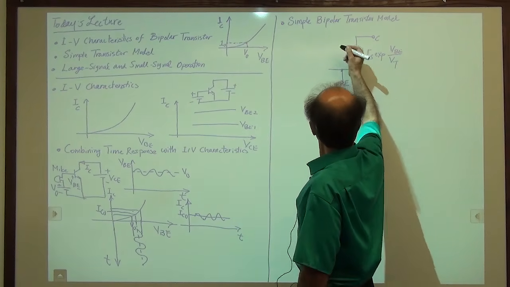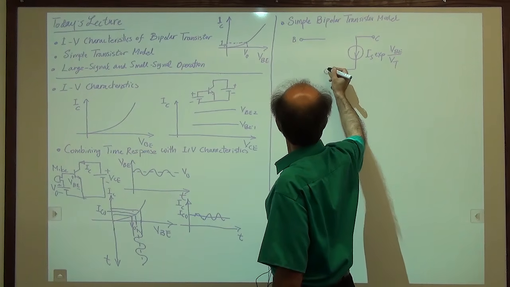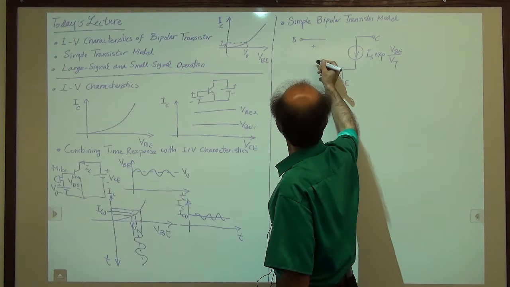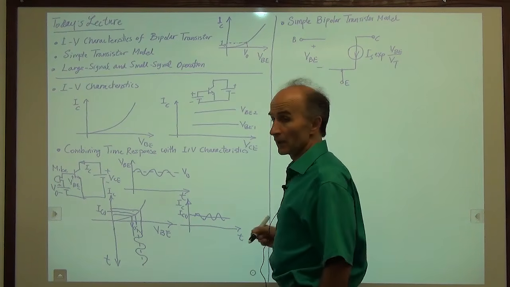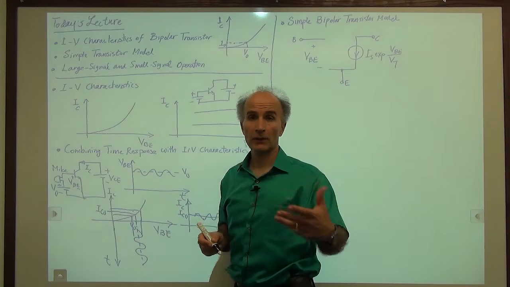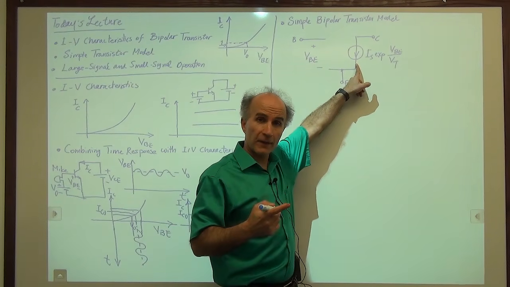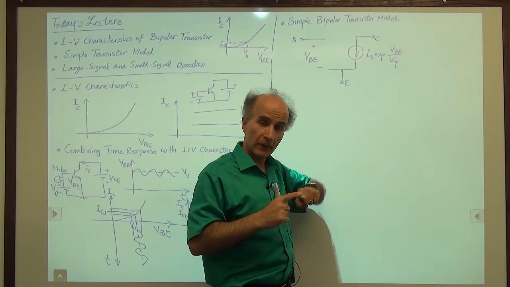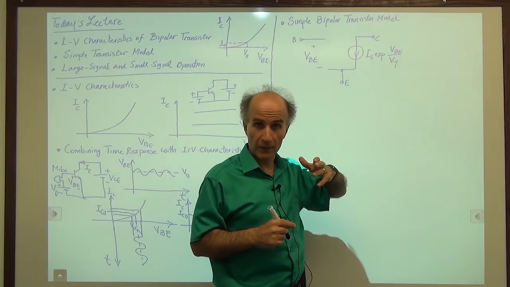Okay, where is VBE? VBE is the voltage between the base and the emitter, right? So we will call this VBE. Unlike basic circuit theory courses where we draw the dependent sources by a diamond, here we just draw them as a circle, as regular independent sources.